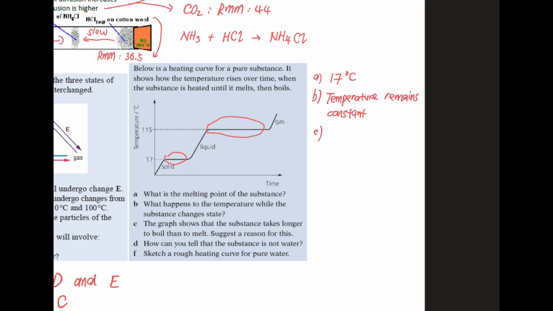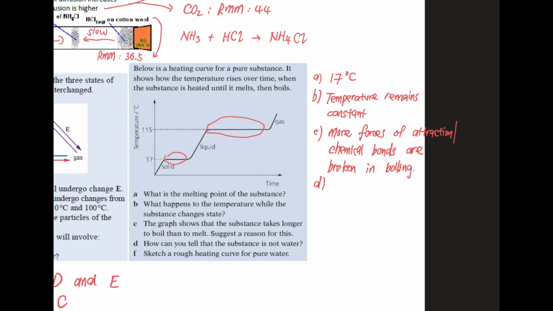You have to break more bonds when liquid changes to gas. So more forces of attraction, or you can also say more chemical bonds, are broken in boiling.